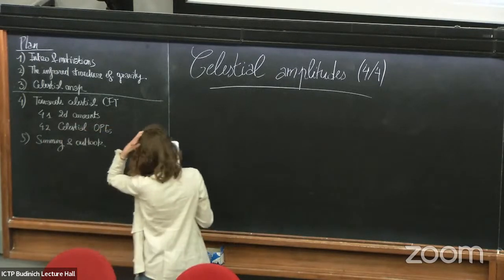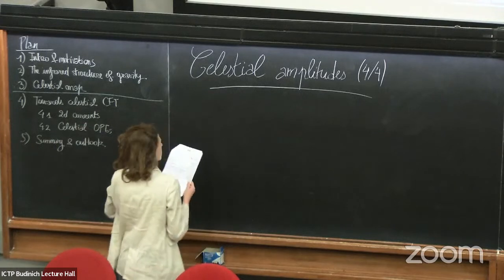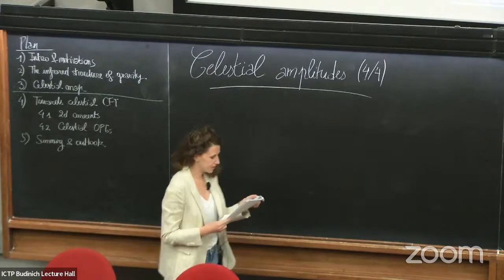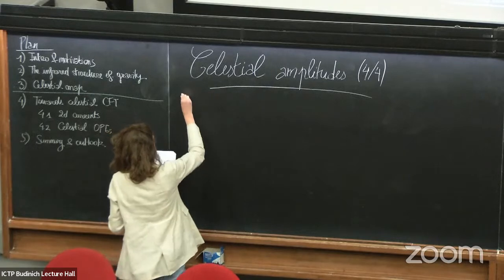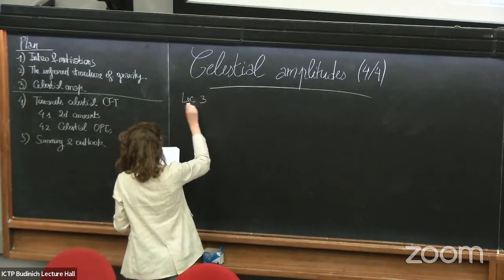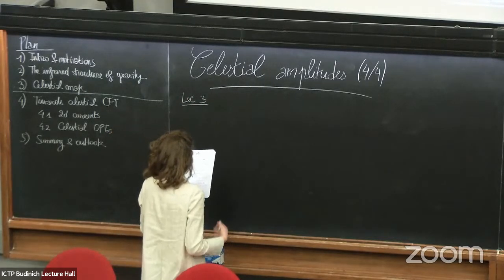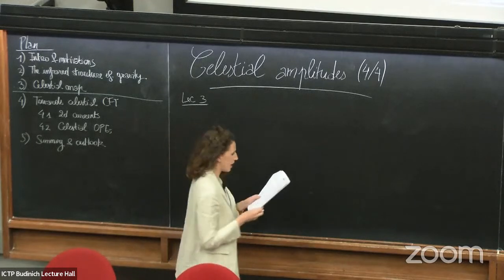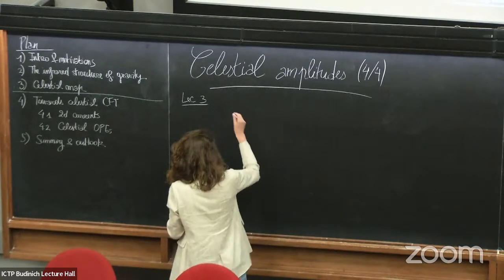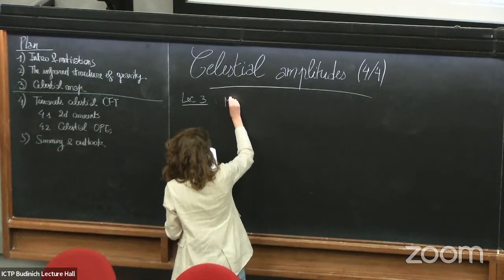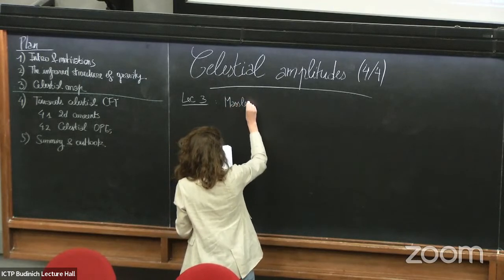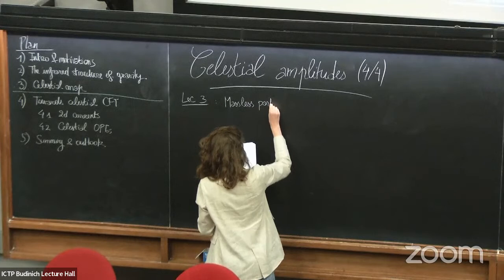So as usual, I will start with a brief recap of the main message of last lecture. So yesterday, we defined what a celestial amplitude is. And for this, we represented massless particles.